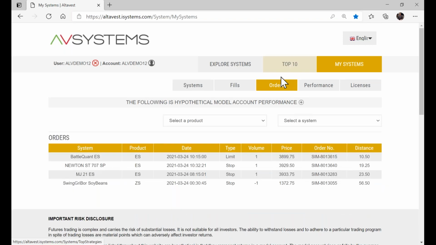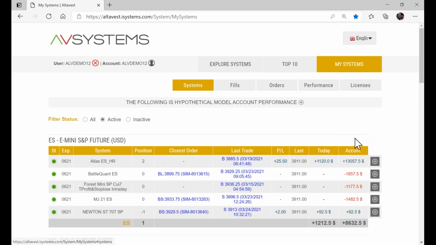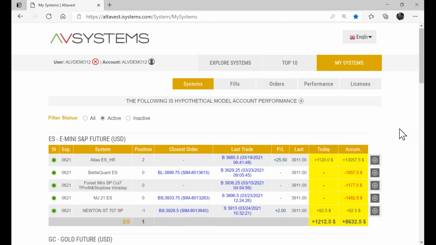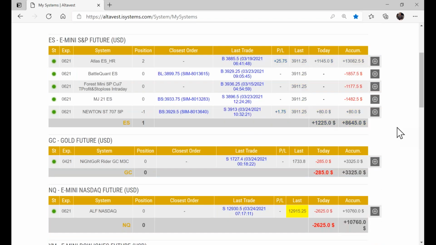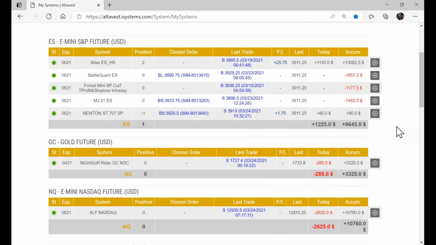You can see right now this particular system has a limit order right here, 10.5 points away from the market. Here's the soybean sell stop order at 13.72 3/4, 56.5 cents away from the market, so on and so forth. So everything is totally visible and not hidden from you, which people really like. They get to see really what the systems are doing.